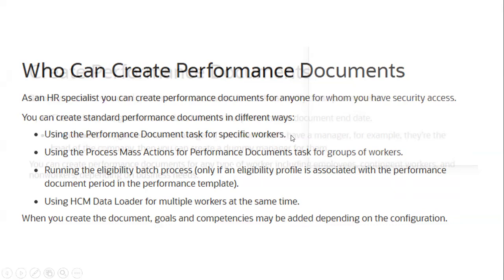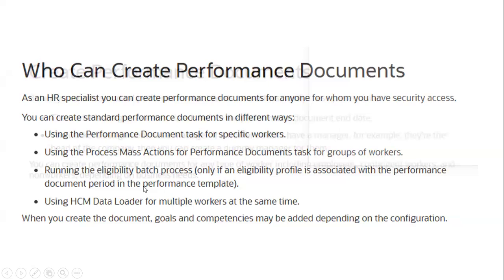There are multiple ways you can create performance documents. We can use the performance document task for specific workers. You can use process mass actions, the performance document task for a group of workers, which is nothing but a scheduled process. You can run the eligibility batch process only if an eligibility profile is associated with the performance document.